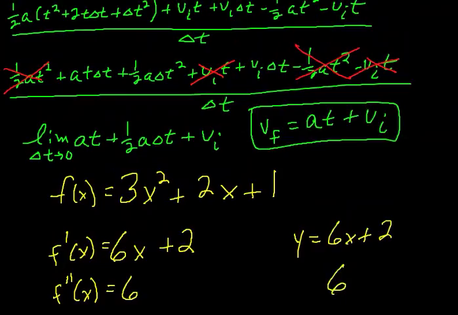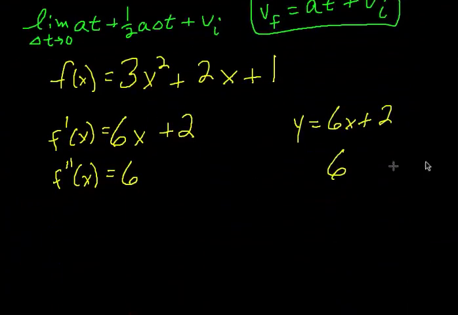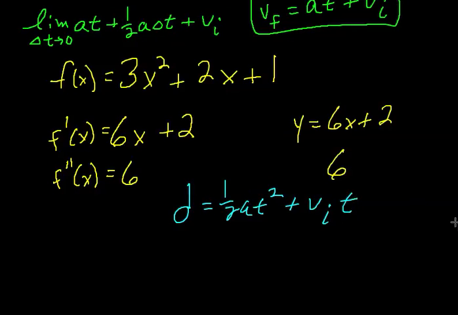So if you look here at our equation, we could do this the long or the short way now. We had an equation at the beginning of the curve, d equals 1/2 a t squared plus vi t. And we were trying to take the derivative.